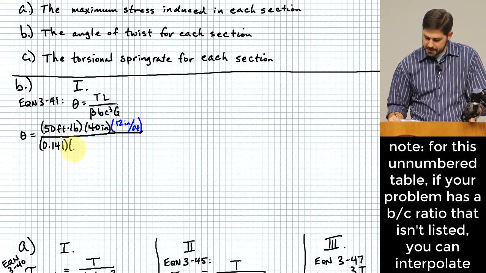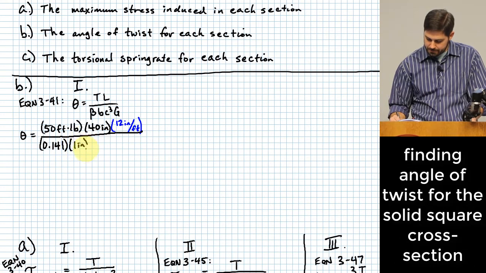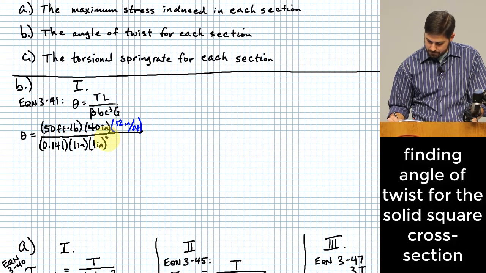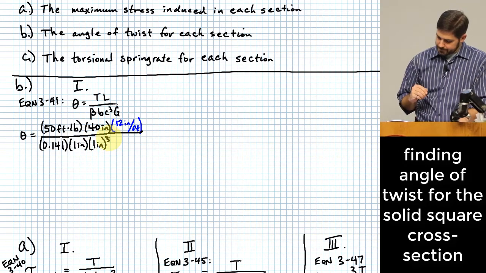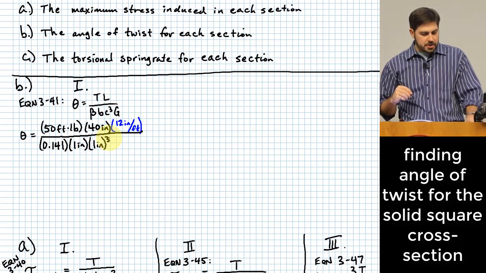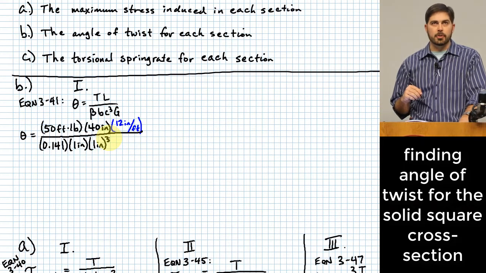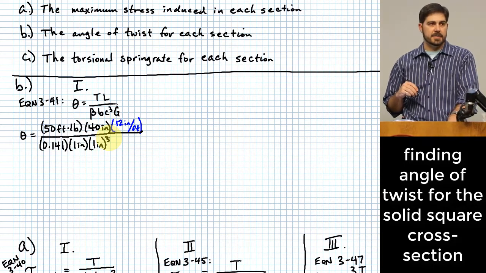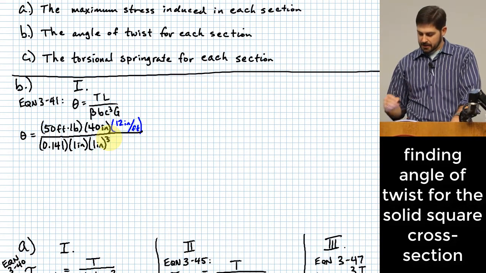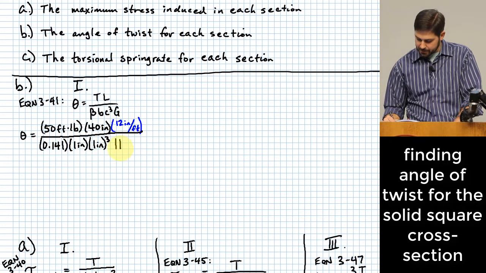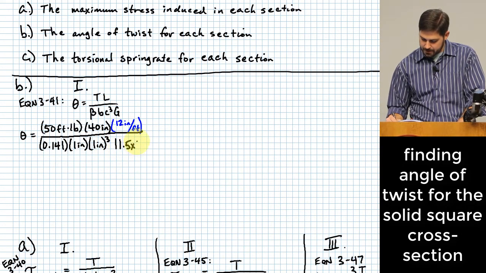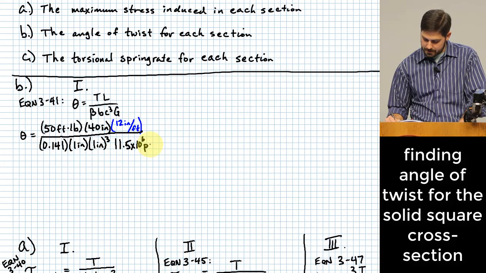Okay, B and C are both 1 inch. And G for carbon steel, you can get that out of table A4 in the back of the book, but it is 11.5 times 10 to the 6th psi.